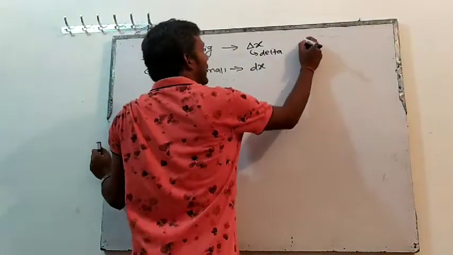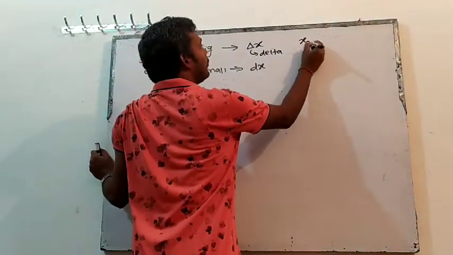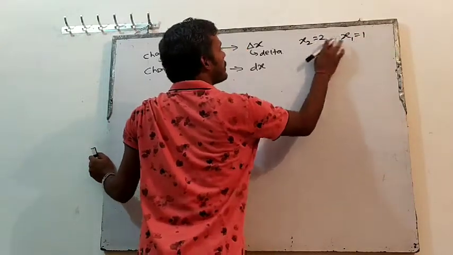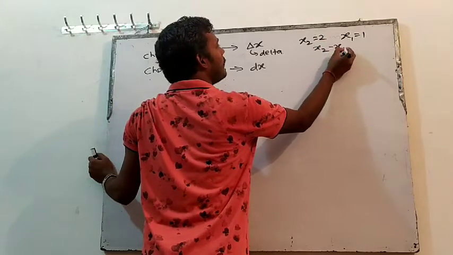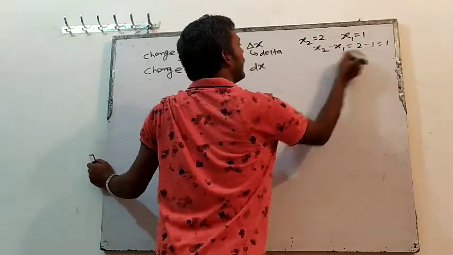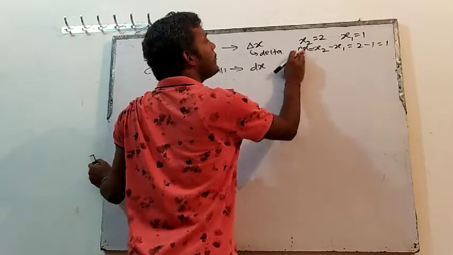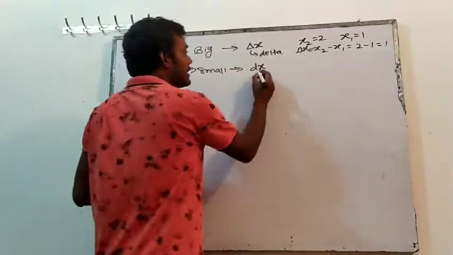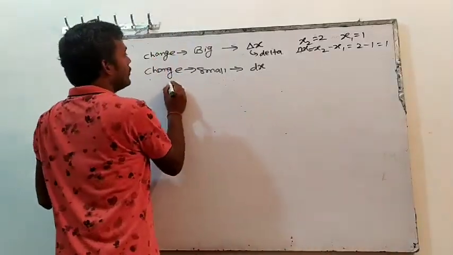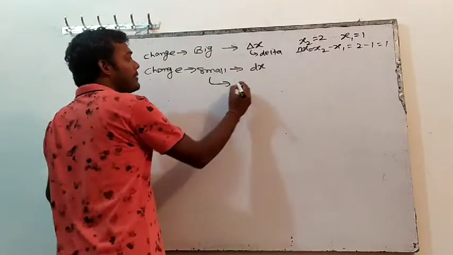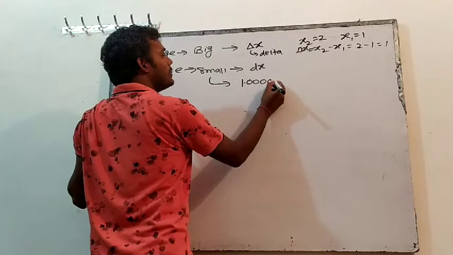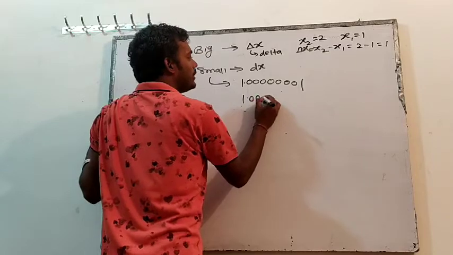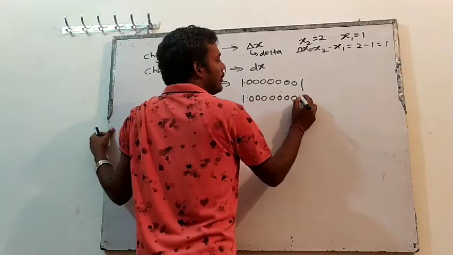Suppose x2 is equal to 2, x1 is equal to 1, so what is the change? x2 minus x1 will be 2 minus 1, so this is 1. So we get delta x because this change is much more. So delta x is equal to 1. What does a small change mean? A small change means dx, like 1.000000001 and 1.000000011.